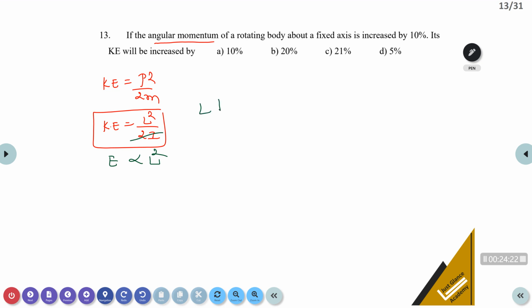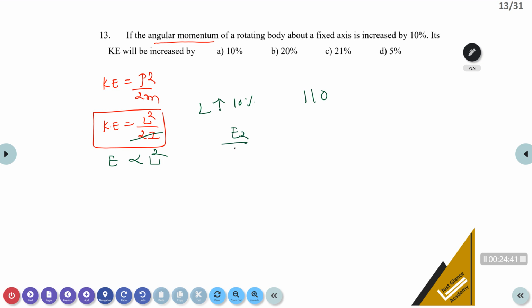Here L increases by 10%. I told you in regular class, 10% is nothing but 110 you have to take, and 20% is nothing but 120. He is asking what percentage the kinetic energy increases.